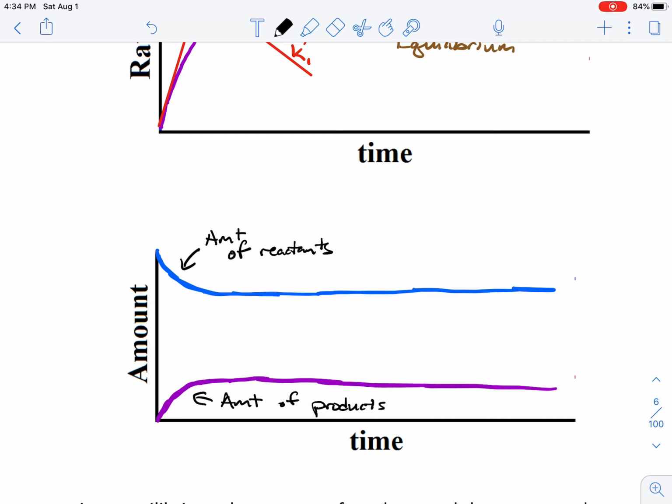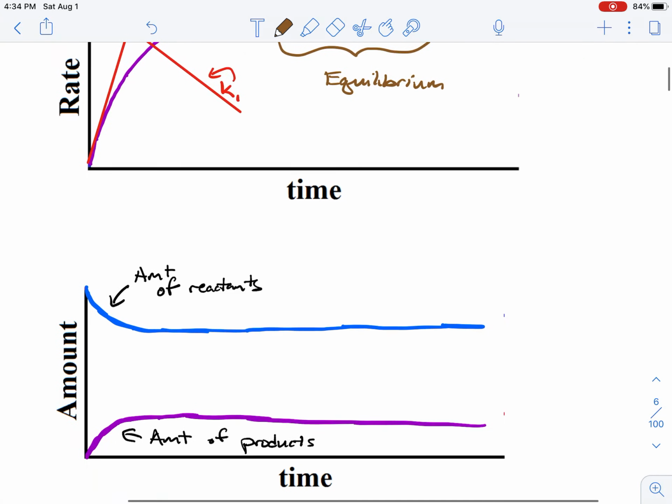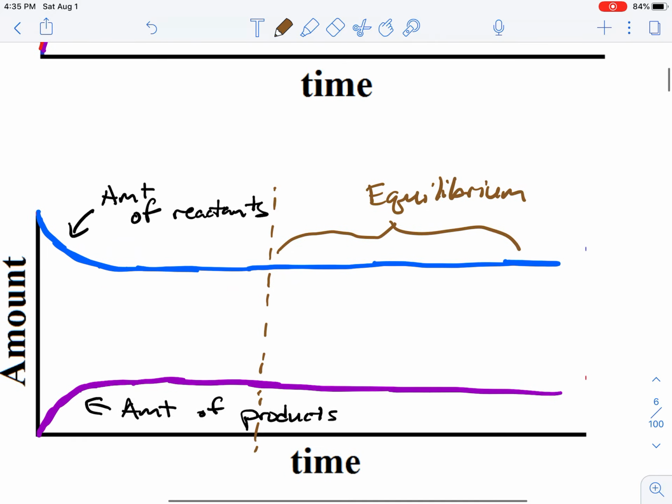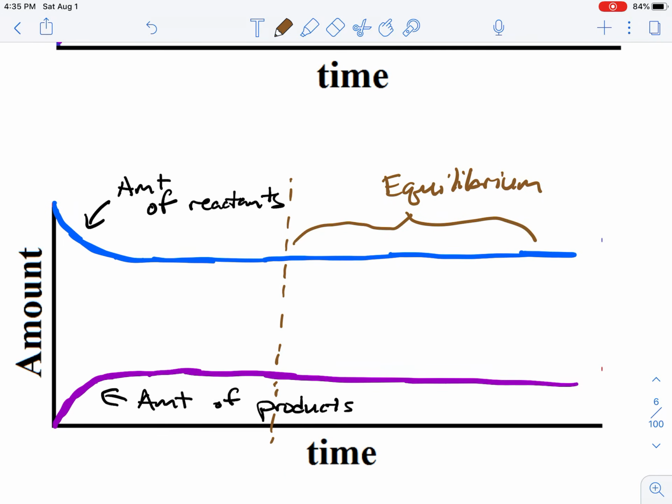And so when the rates finally converge, this is where the chemical system has reached a state of equilibrium. This is the type of graph that you would observe if the rate of the reverse is much greater than the rate of the forward.